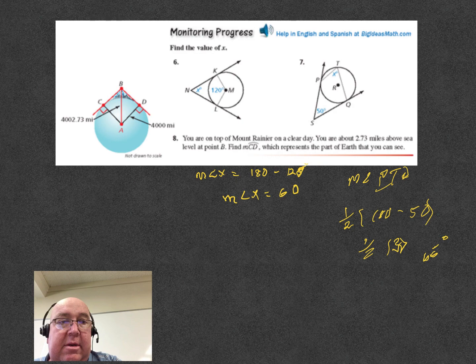I'm not going to do number 8. We'd use the inverse cosine again to find the adjacent over the hypotenuse, find those angles and add them up to be the arc CD, but we're not going to do that.